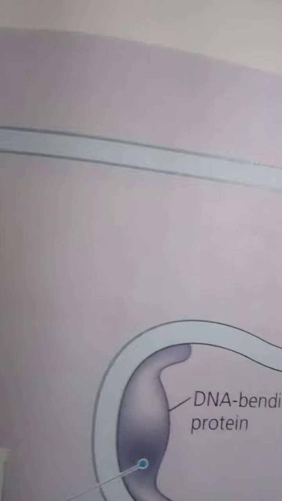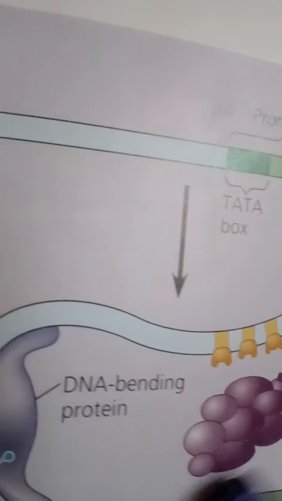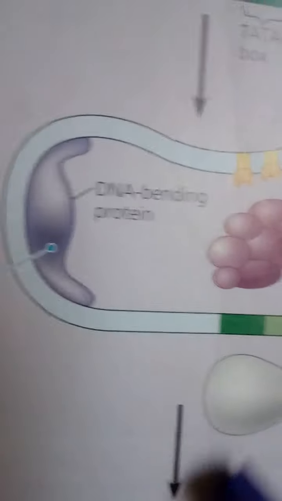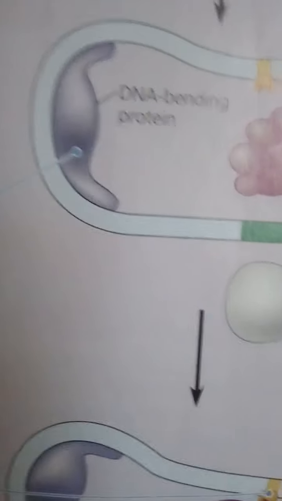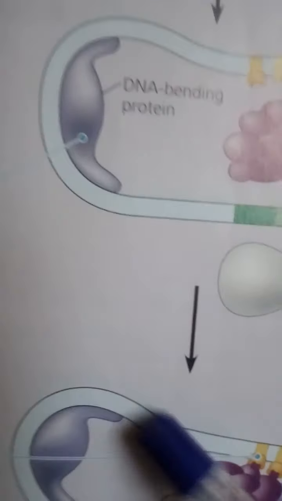Closer look at the TATA box: a DNA binding protein and a group of mediator proteins, and the small ones are each general transcription factors. Notice RNA polymerase II, and also transcription.